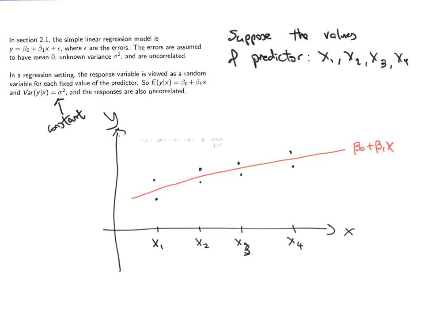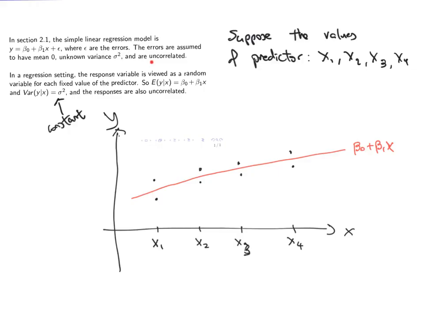So vertical spread over here, vertical spread there, vertical spread for those 2, and vertical spread for those 2 should theoretically all be equal to one another. So that's what this assumption means: the variance of the response for each value of my x variable is constant. The data points are evenly spread out for each value of the predictor.